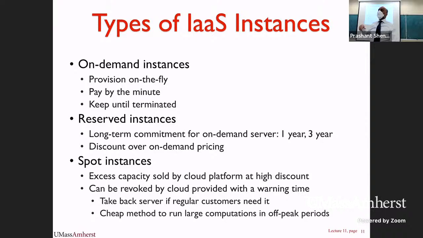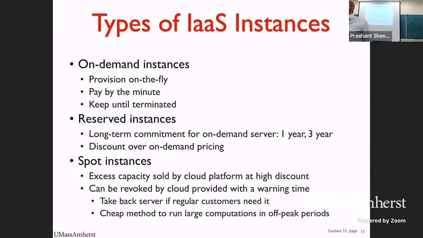Because if a customer comes and says, I need on-demand servers, and you've given all your excess capacity as spot servers, you can actually go and reclaim your spot server from the customer. So you can give them a warning saying, I have 2 minutes before I take the server away, save your work, and then the machine will be shut down and taken away.